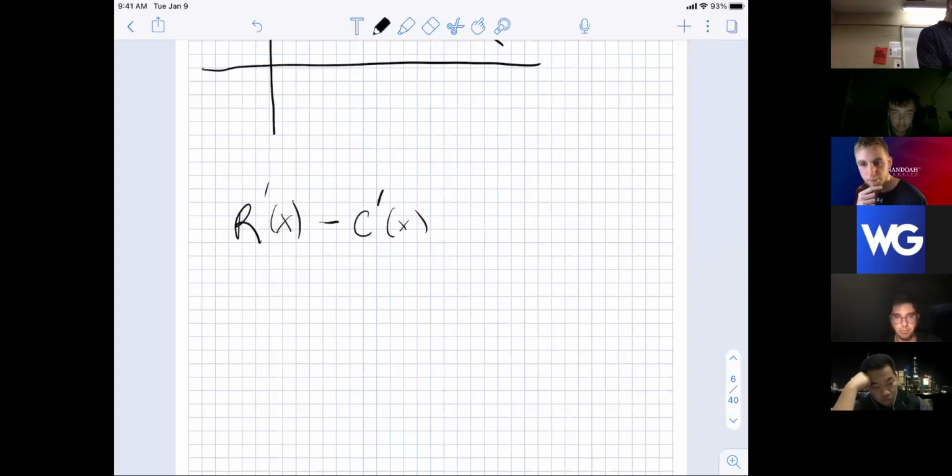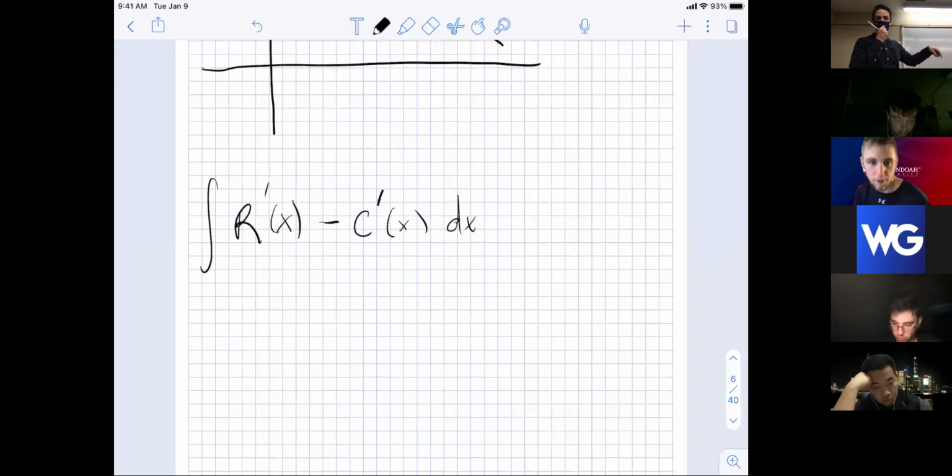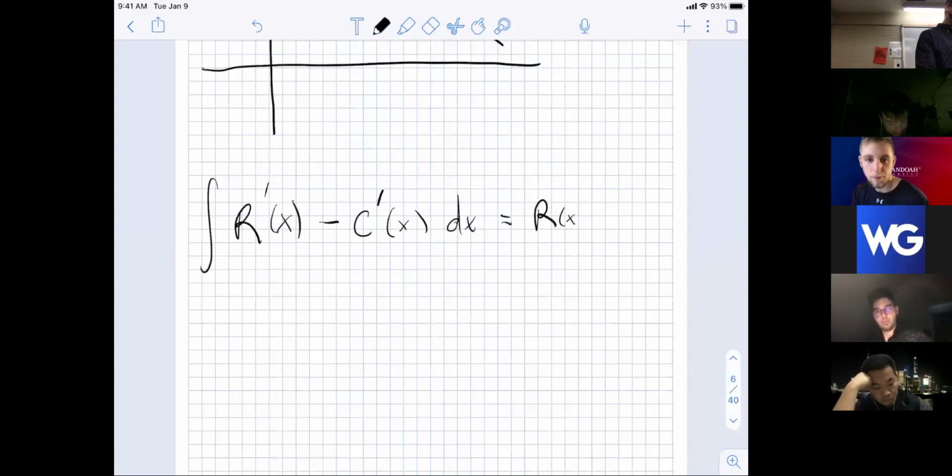So when I integrate this, just for a second looking at an indefinite integral, what do I get? If I integrate r prime minus c prime, what? Exactly, that just undoes the differentiation, right? And so that should leave me with capital R of x minus C of x, and I'm ignoring the constants for a second.